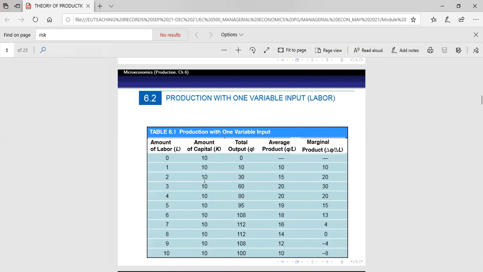So remember, when we were looking at costs, we were seeing that fixed costs were not changing, isn't it? But now here we are looking at it from the perspective of production, where we are seeing two factors of production, right? Before, we had variable costs and fixed costs, but now it's the same story, but in the perspective of production, where labor is variable and the capital is fixed.